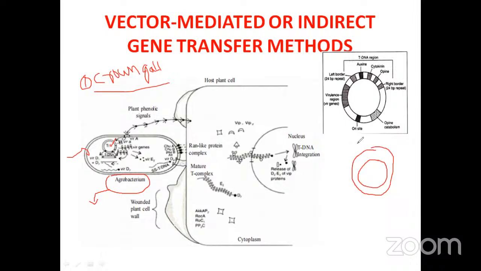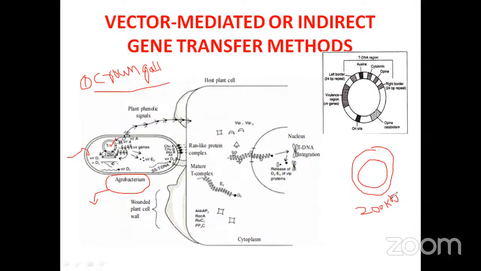The Ti plasmid of Agrobacterium is circular and may be 200 kilobases in length. The T-DNA, transferred DNA, is variable in length, ranging from 12 to 24 kb, depending on the bacterial strain.